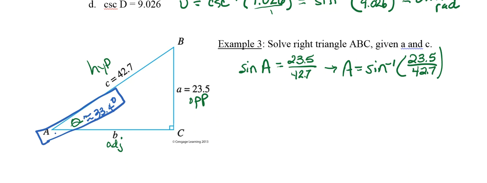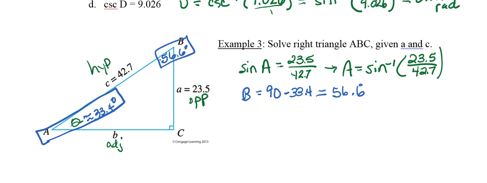So now I know angle A. If I know angle A, I can find angle B. Angle B is 90 minus 33.4. Remember, it's 90 because C has taken 90 of the 180 already. So angle B would be 56.6.